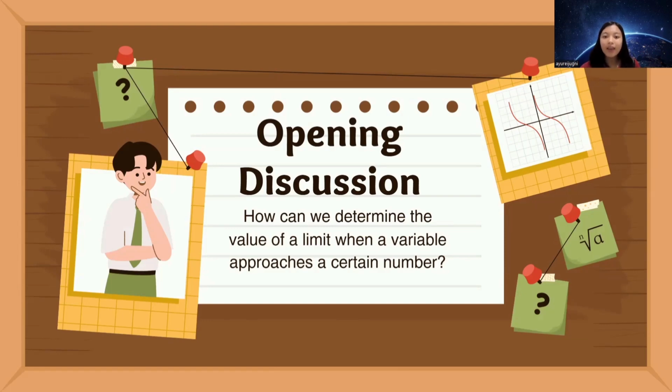If you already have an idea, write your answer in the comment section below. I would love to read your opinions. In mathematics, limits help us predict the value that a function is approaching even before the value actually reaches that point. Interesting, right?